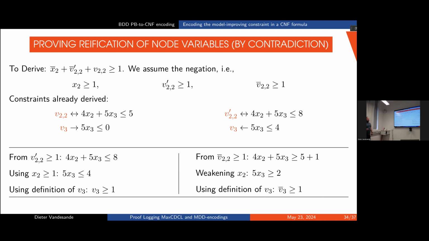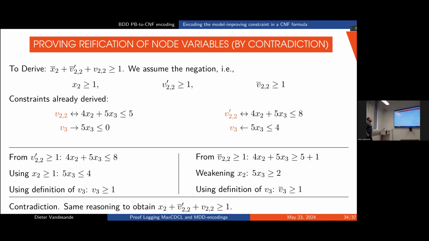And then using the definition of v3, which is in this case, this one. Right. No, wait, I want to have the opposite direction. If this is false, then this is false. Yeah, okay. So v3 is false. But that's a contradiction, right? Because I just said that v3 is true. So by adding these two up, I get the contradiction I want to have.